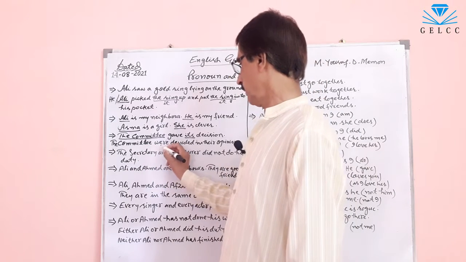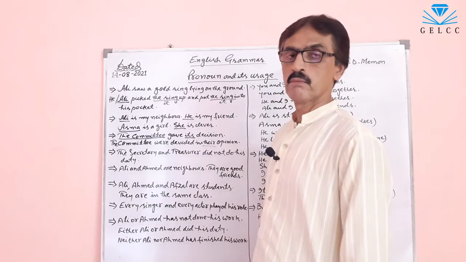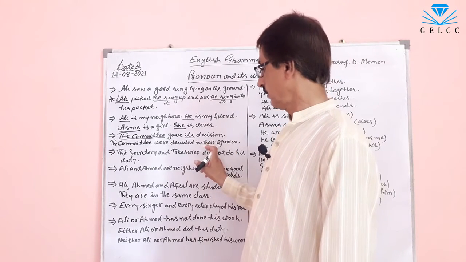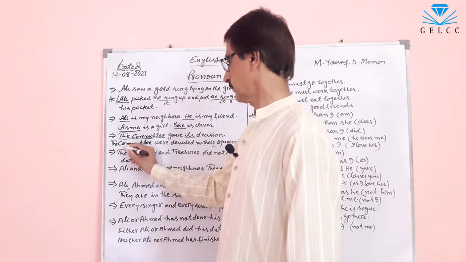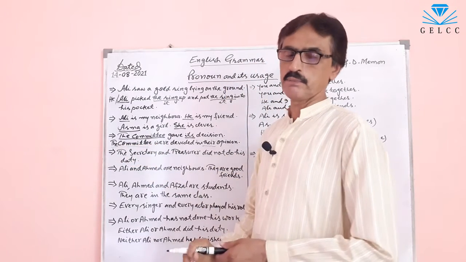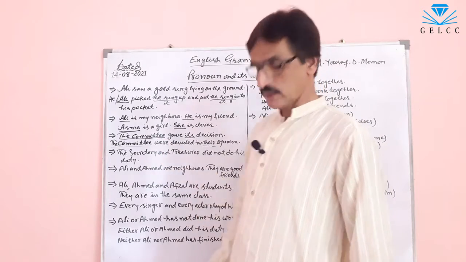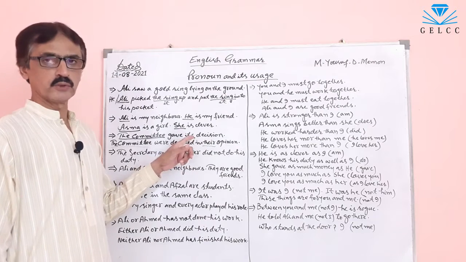The committee were divided in their opinion. Here the word their is plural. The committee here means the members of the committee. In the first sentence, committee is considered as a whole, so we have used a singular pronoun.